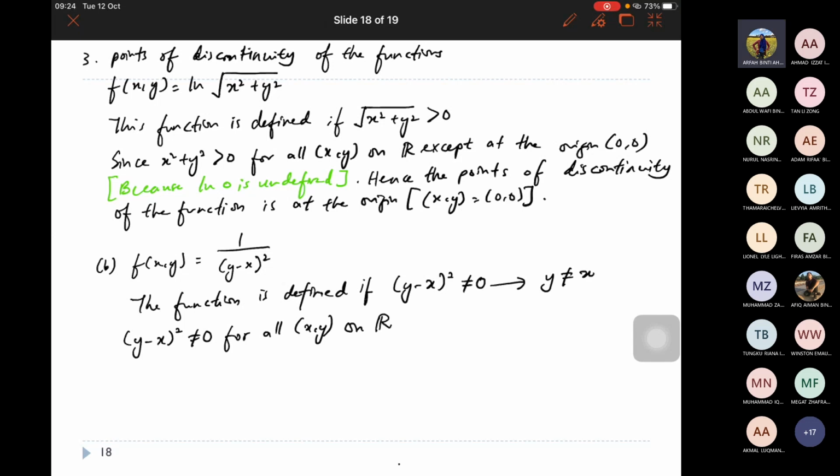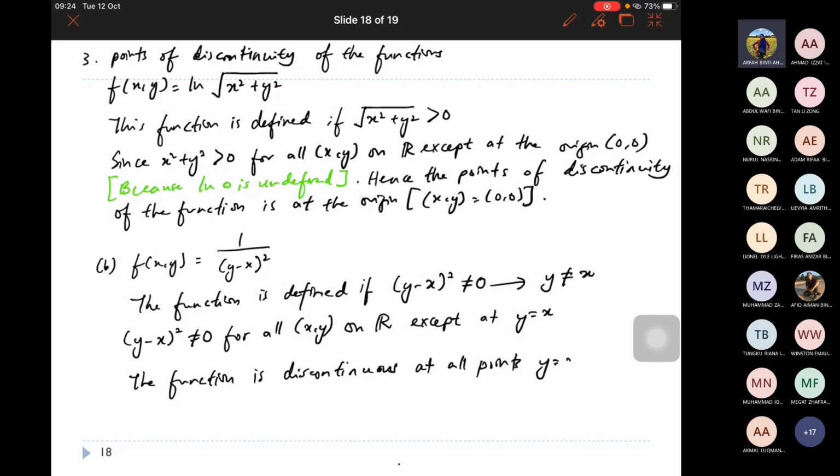On real number. Except at y equal to x. So, from here, the function is discontinuous at all points of y equal to x. Okay. So, itu adalah dia punya point of discontinuity.